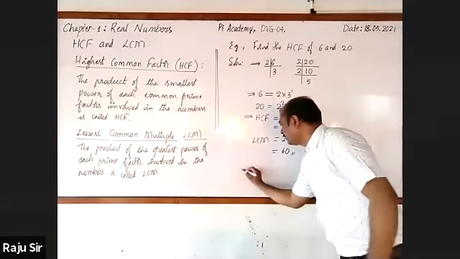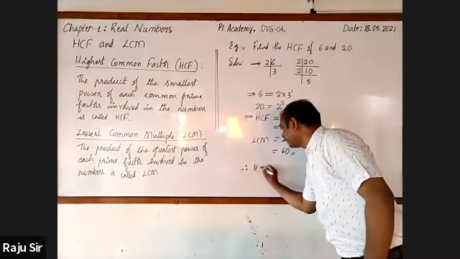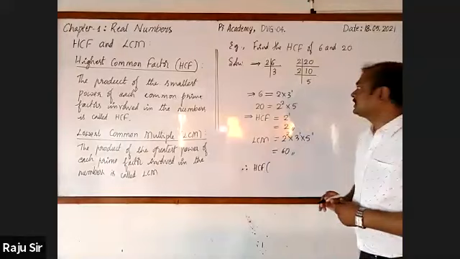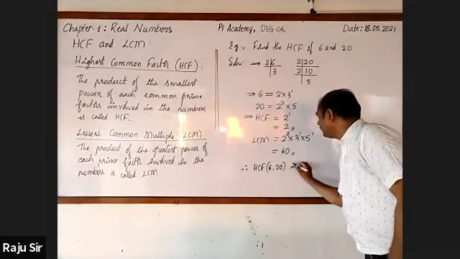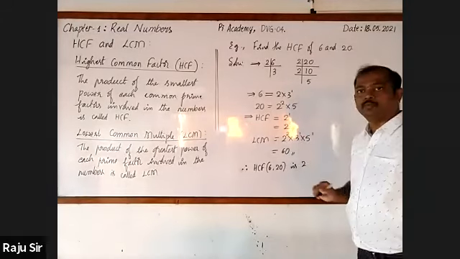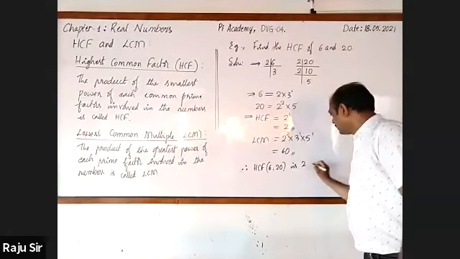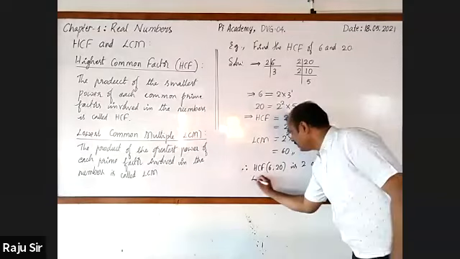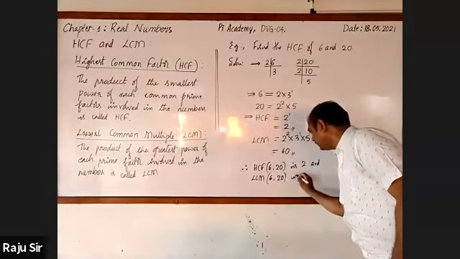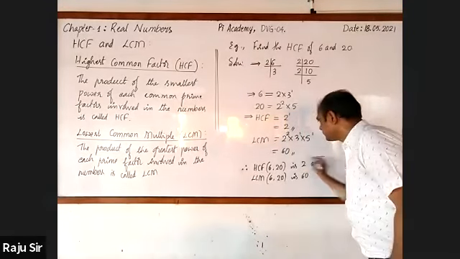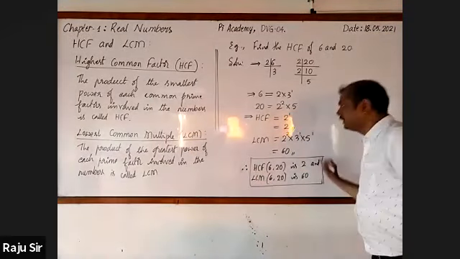Then finally, write the conclusion. Therefore, HCF of 6 and 20 is 2. And LCM of the same numbers, 6 and 20 is 60. Then highlight that with a box.